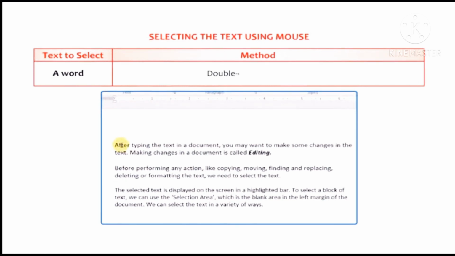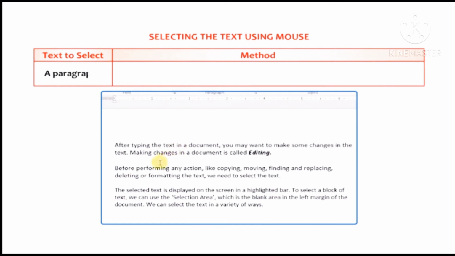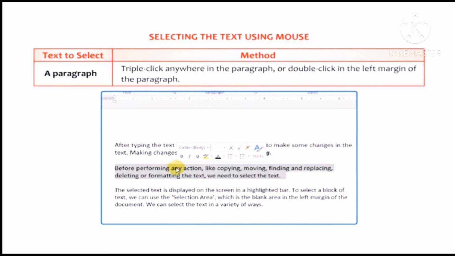A word: just double click on the word. A sentence: hold down the Ctrl key and click anywhere on the sentence. A paragraph: triple click anywhere in the paragraph or double click in the left margin of the paragraph.